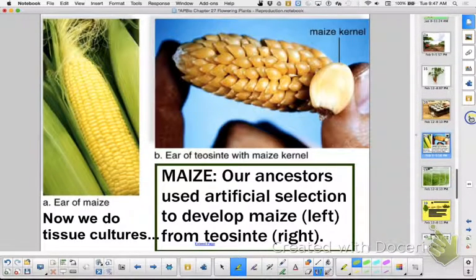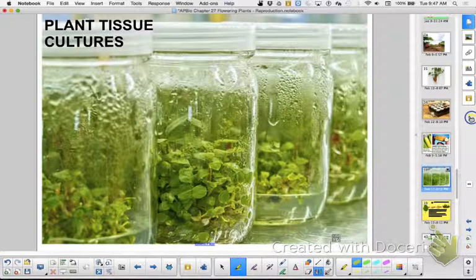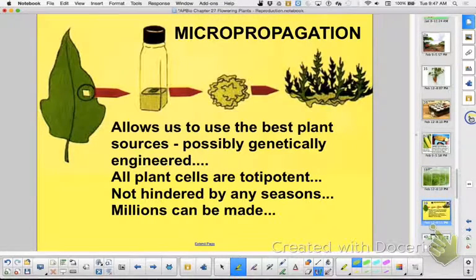Okay, so when you do plant tissue cultures in the lab, what they'll do is they'll take a single plant and they can get cells from it. Those cells, like stem cells in our bone marrow, are called totipotent.